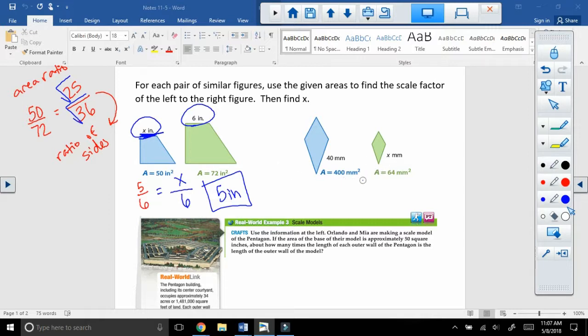Okay, or for the second one here, the ratio of the areas is 400 to 64. Again, if and when you can, I think it's easier to simplify it first. So 400 over 64.